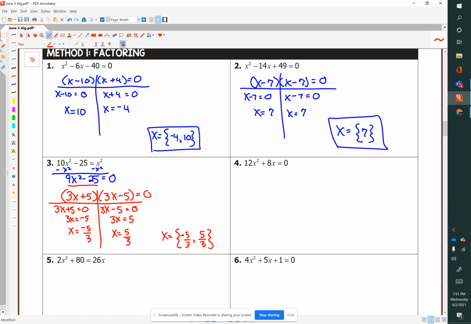And number 4, 12x squared plus 8x equals 0. We can factor out from this. Always look for a greatest common factor. We do have a greatest common factor of 4x. When we factor that out, we are left with 3x plus 2 equals 0.